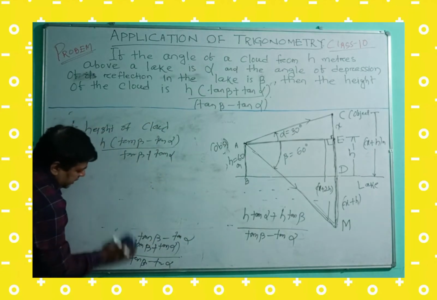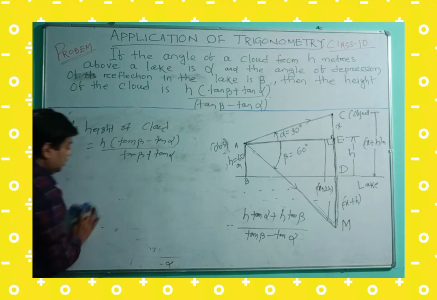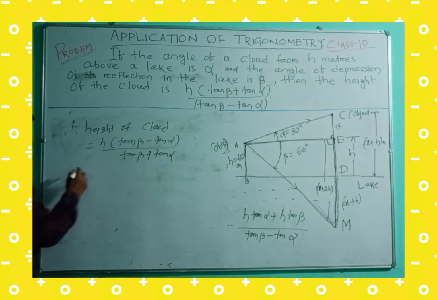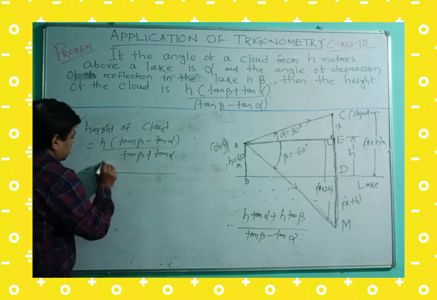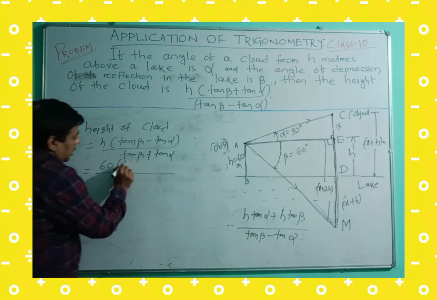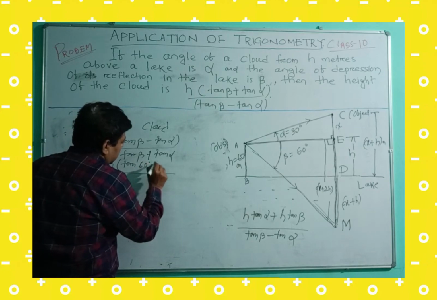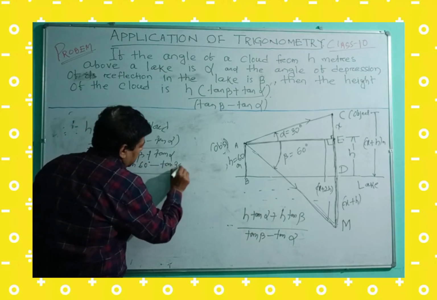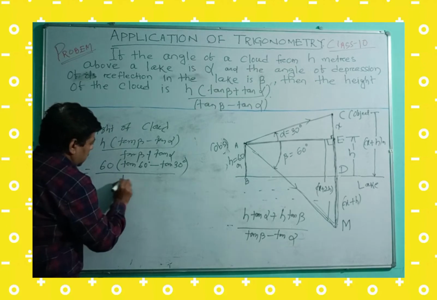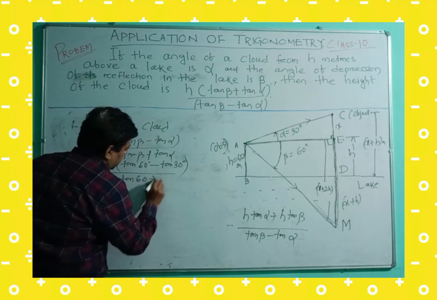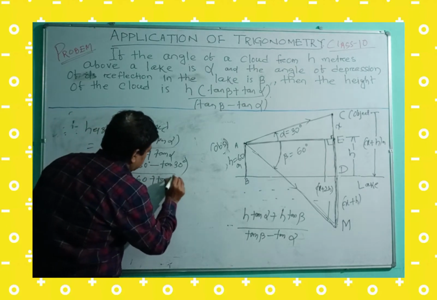Tell me what is the value of h given? What is the value of h? Yes, tell. So here h given is 60, and tan beta, here beta given how much? 60 degree, tan alpha given 30 degree, right? And here tan 60 plus tan 30.